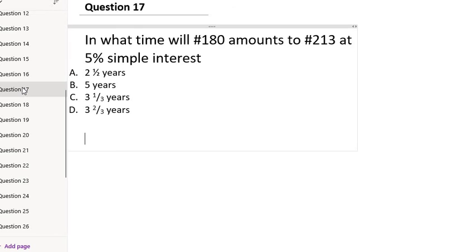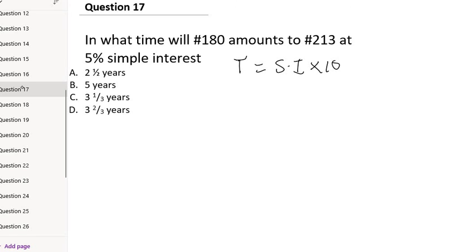Question 17. In what time will 180 naira amount to 213 naira at 5% simple interest? Now, to calculate time, time equals simple interest times 100 divided by principal times rate.